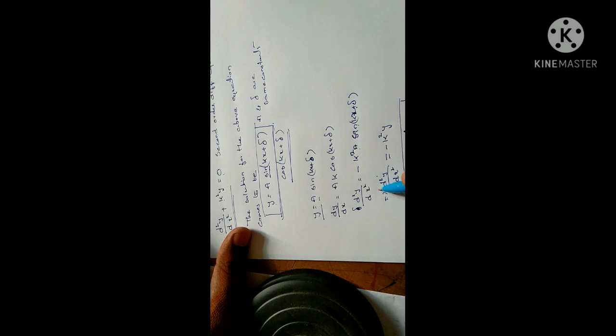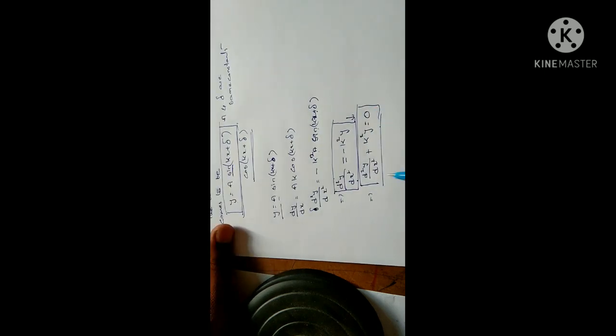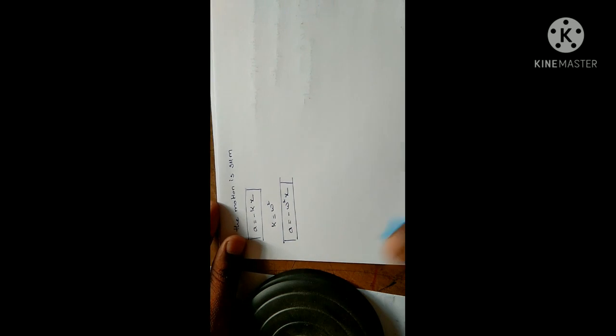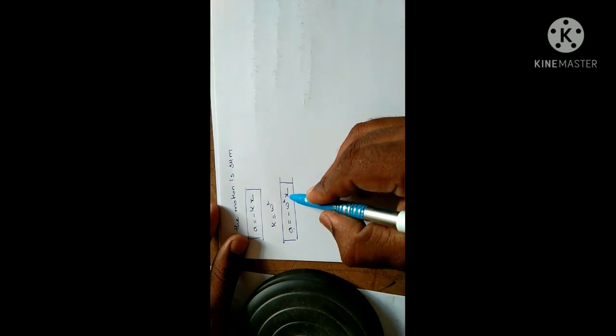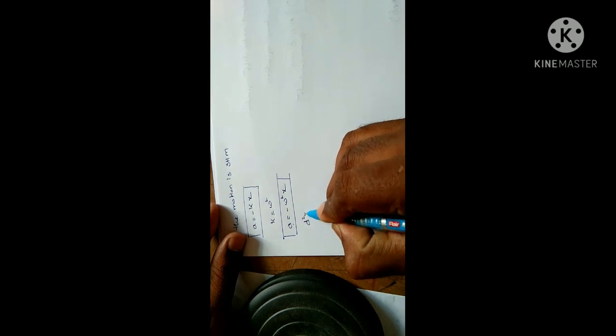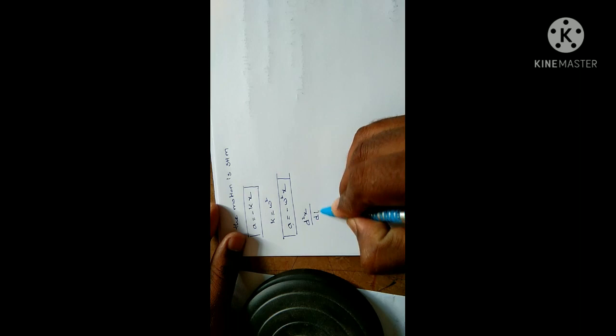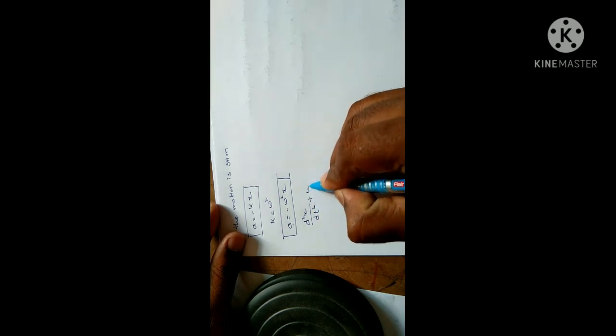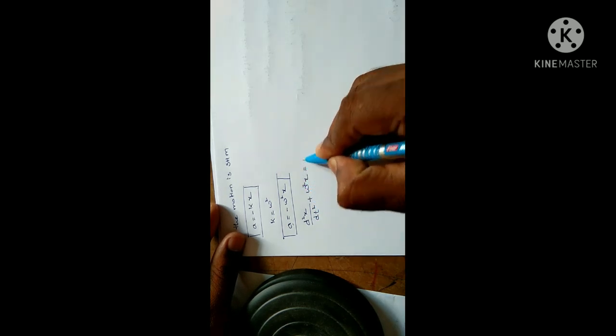Here d square y by dx square, the second order differentiation, equals minus k square y. I wrote the equation d square y by dx square plus k square y as the equation for SHM. Taking this into consideration, for A is equal to minus omega square x, I can write the differential equation as d square x by dt square plus omega square x is equal to 0.